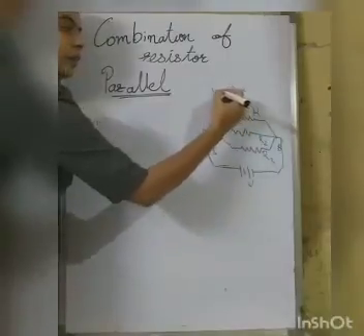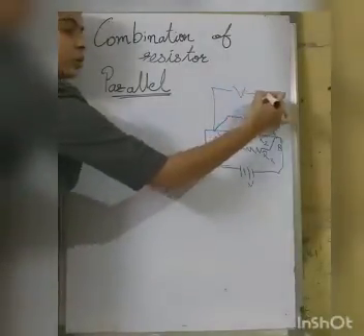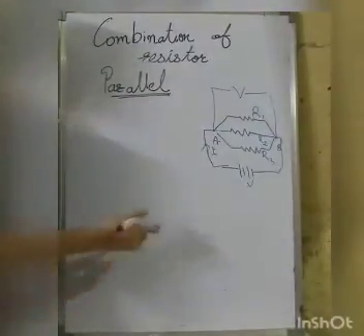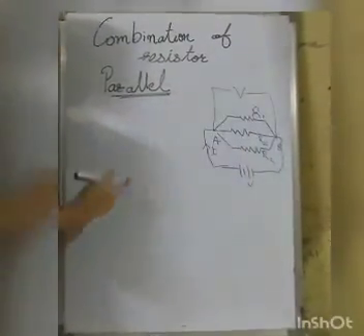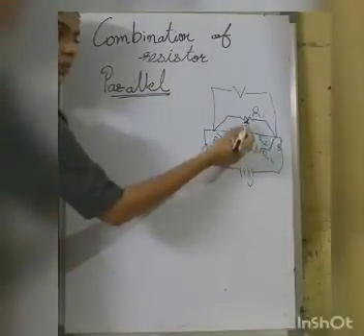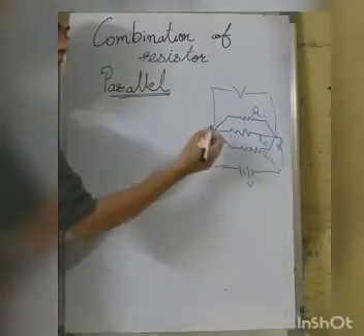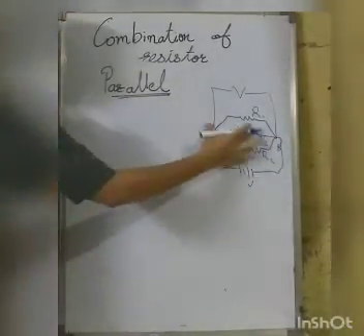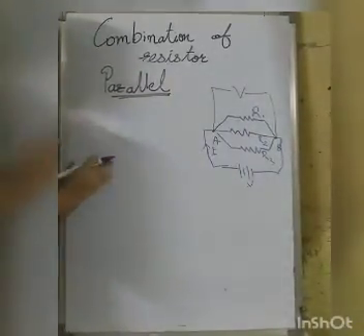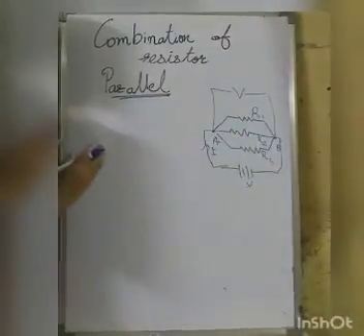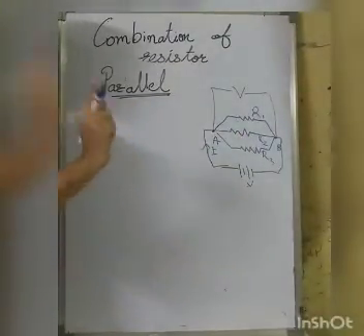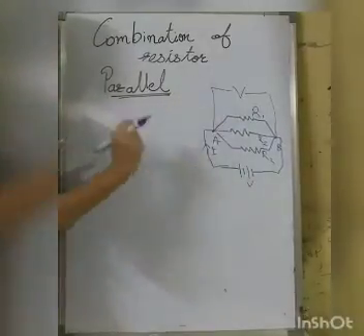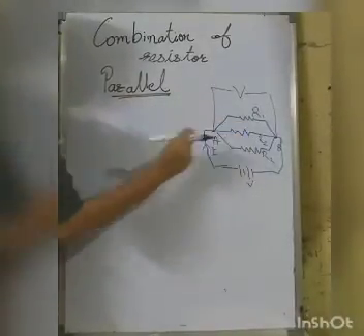It is going to be V. Your potential difference across this combination is V, and that is going to be the same for R1, R2 and R3 because it is the difference between these two points. So the potential for all the resistances is the same. In series connection, your current was the same. In parallel connection, your voltage is the same for all the three resistances.